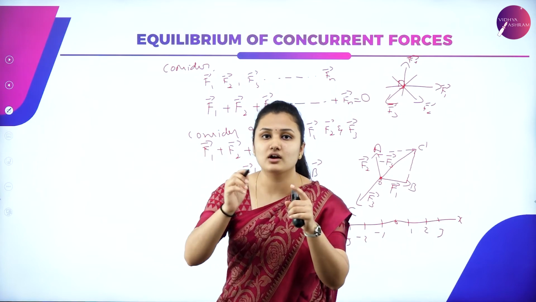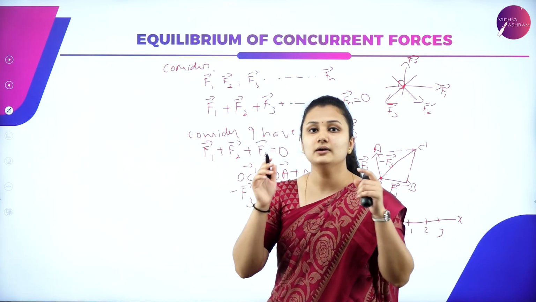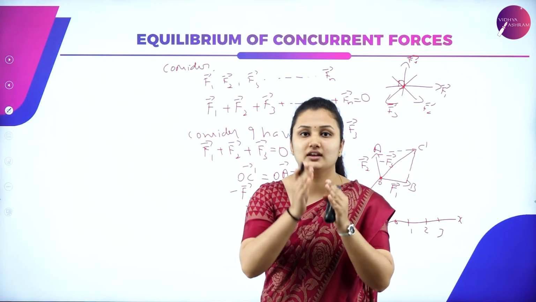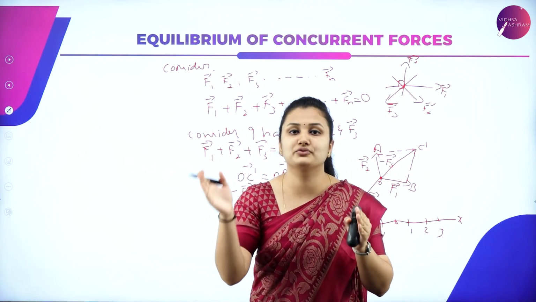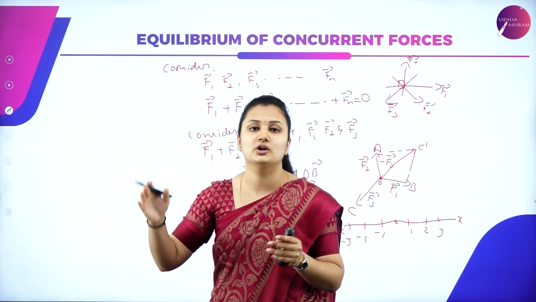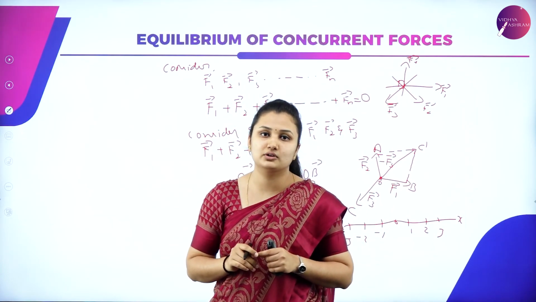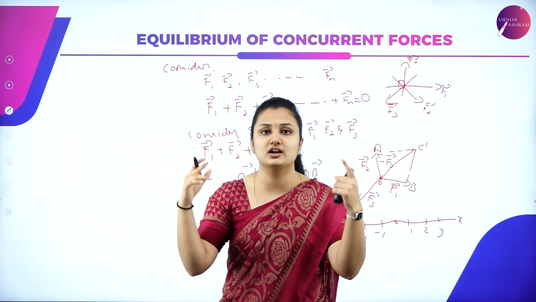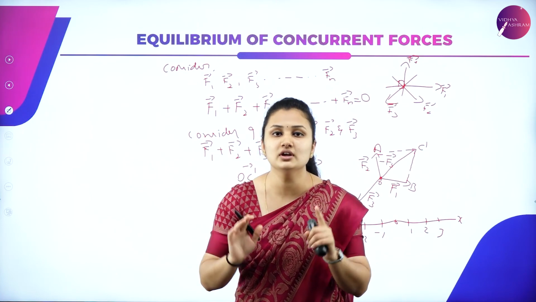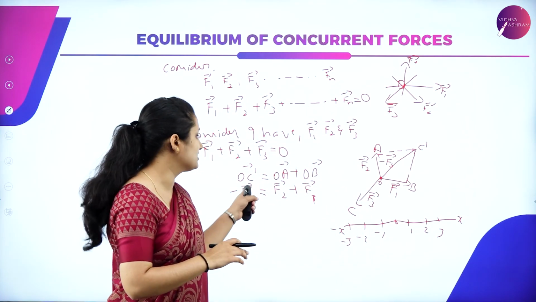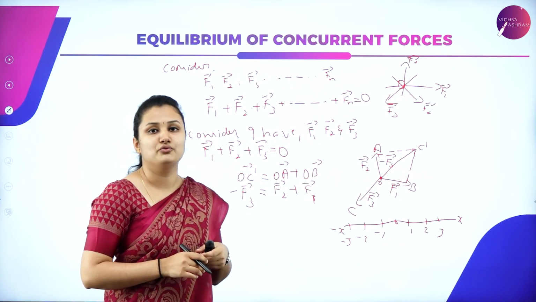Further, what is the requirement for it to be in equilibrium? The vector sum of the concurrent forces must be equal to 0. F1 is equal to minus F2: two concurrent forces are equal and opposite to each other. Similarly, this holds in the case of three concurrent forces.